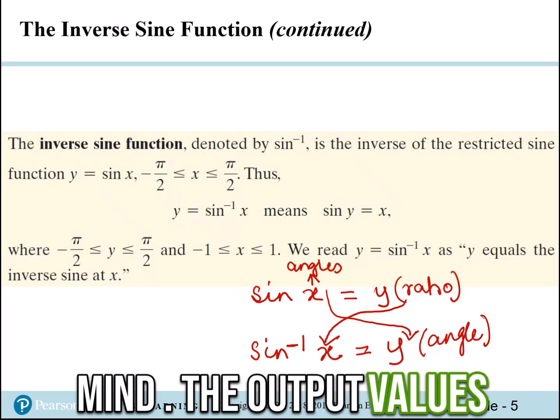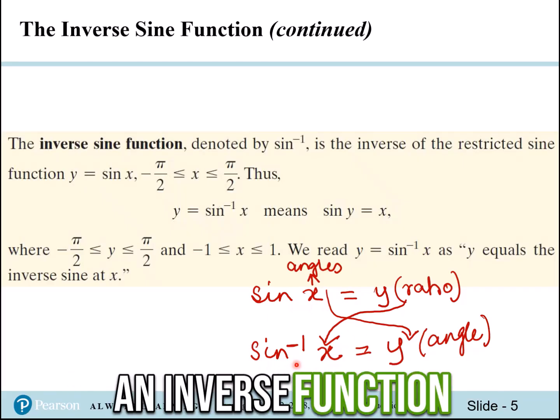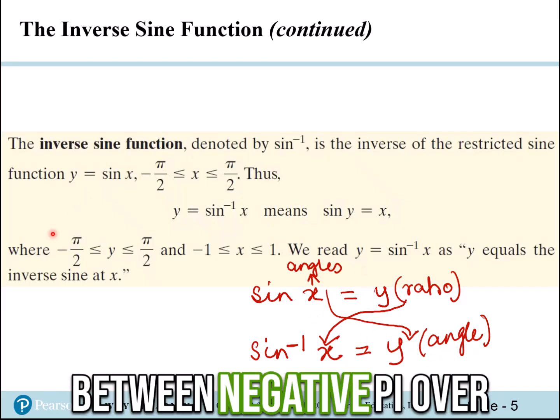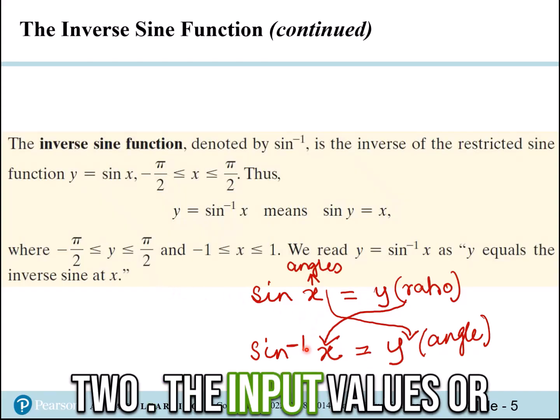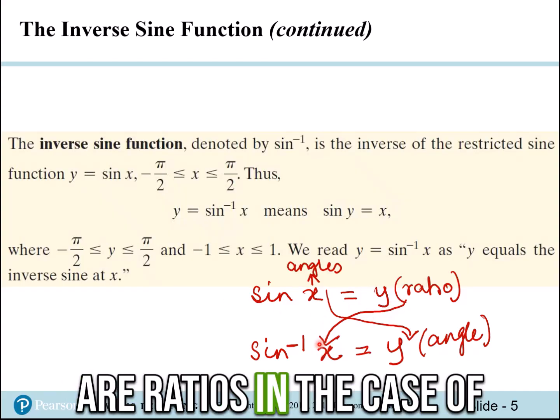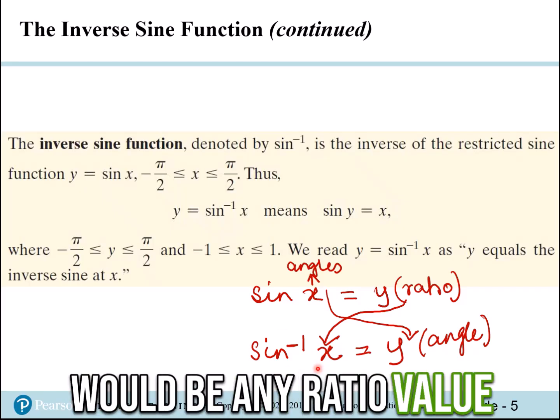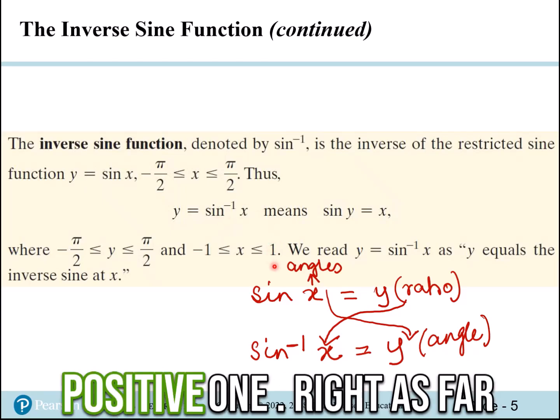The output values, the range of values from an inverse function, would be angle values between negative pi over 2 and positive pi over 2. The input values or the domain values, which are ratios in the case of inverse sine function, would be any ratio value between negative 1 and positive 1.